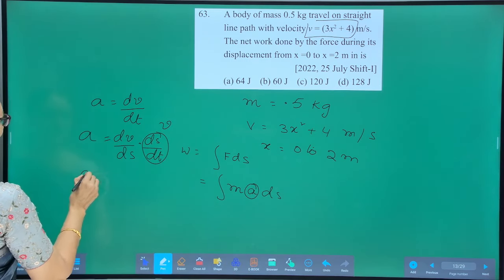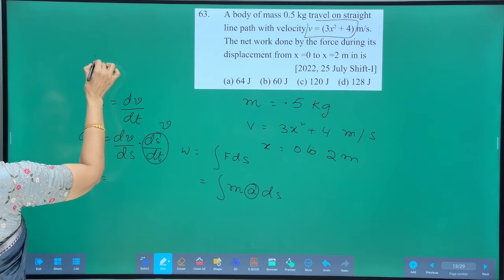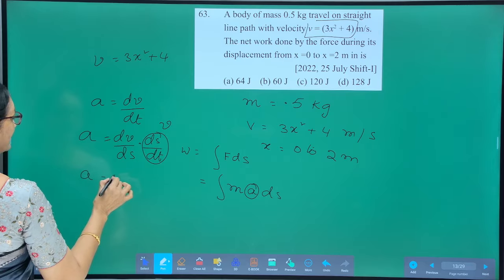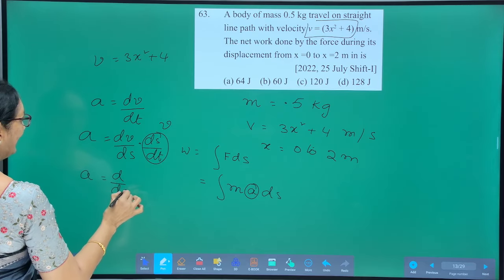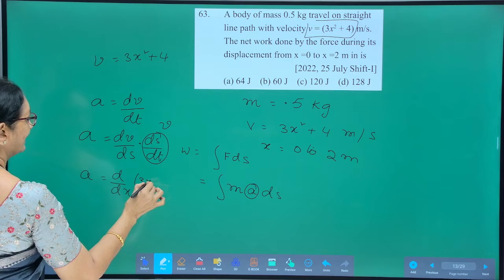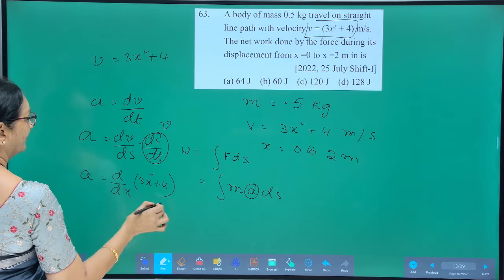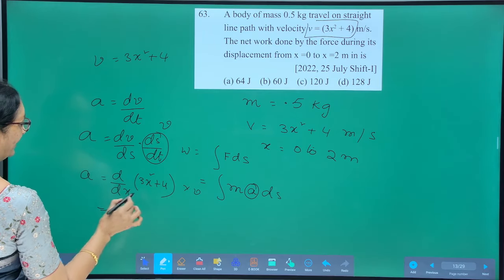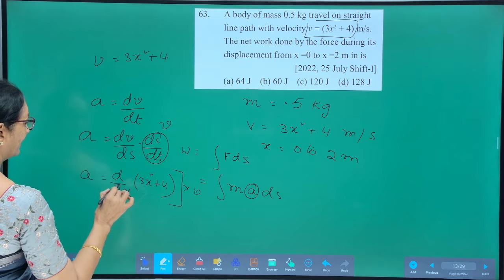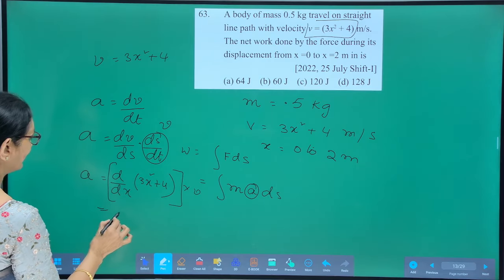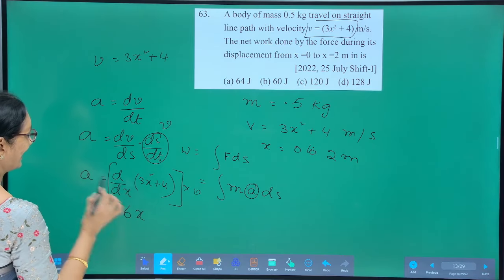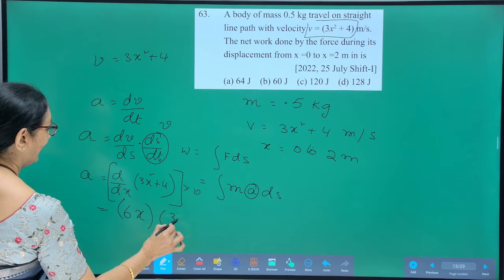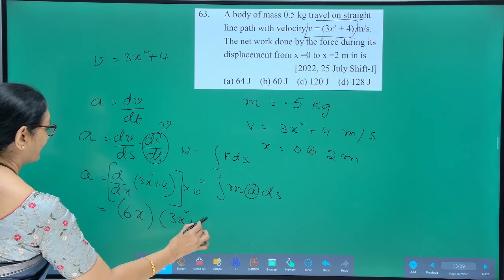We can just substitute that acceleration here. So, v is equal to 3x square plus 4. So, acceleration is d by dx of 3x square plus 4 into v. D by dx of 3x square is 6x, into v, which is 3x square plus 4.